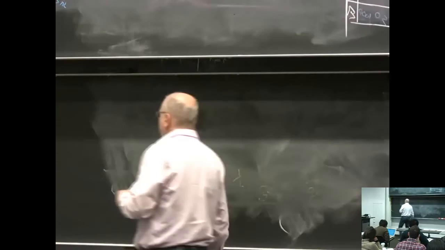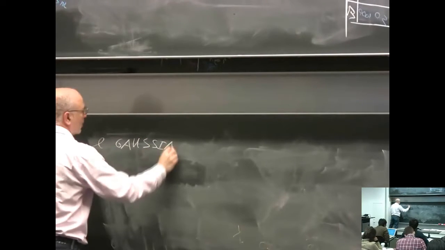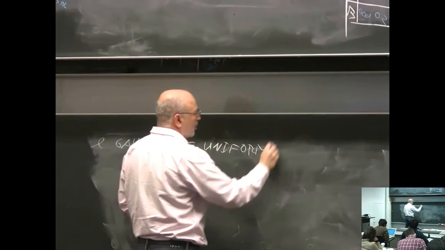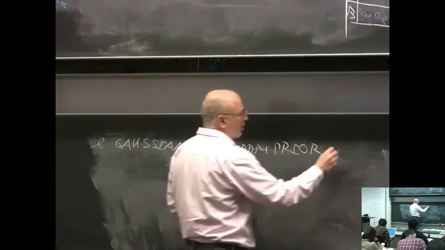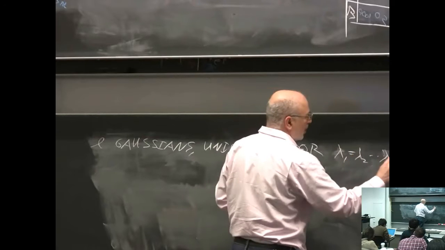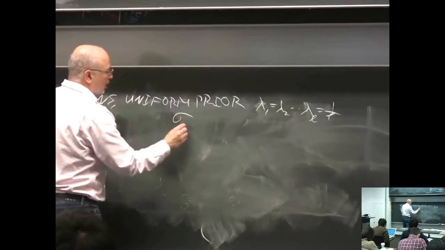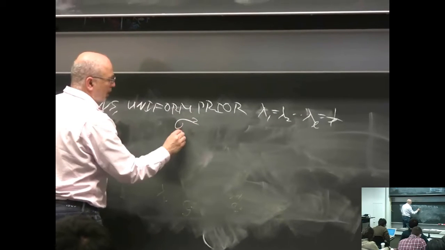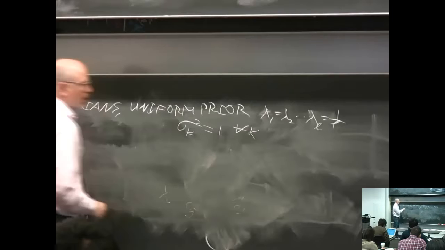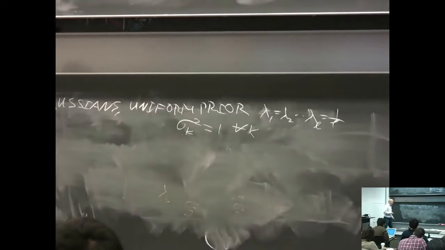Let's say I have L Gaussians, uniform prior, namely lambda 1 equals lambda 2 equals lambda L equals 1 over L, and sigma squared of k is 1 for all k. So I still know the standard deviation and I know the prior, but I have k components.